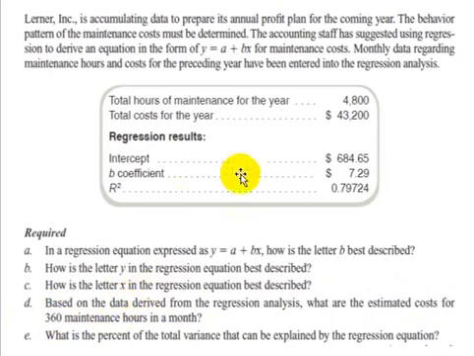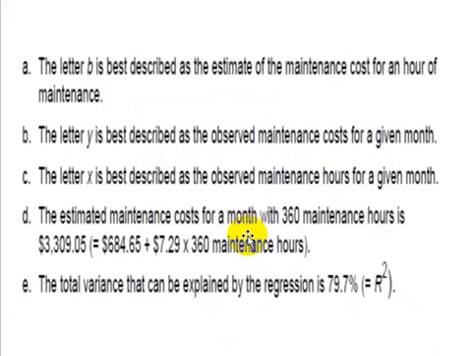The equation is intercept plus B times X. The estimated maintenance cost for a month with 360 maintenance hours is the intercept, or total fixed cost, plus B times X. So the amount equals 3,309.05.